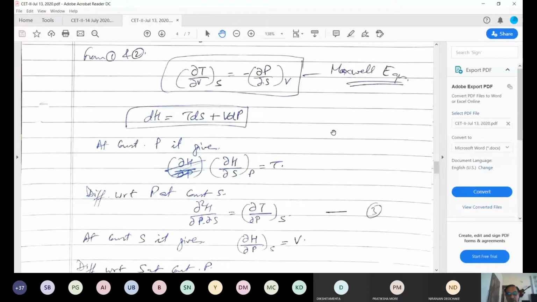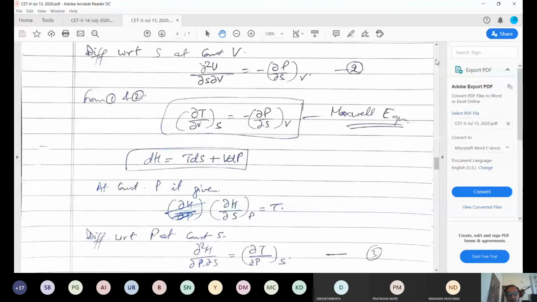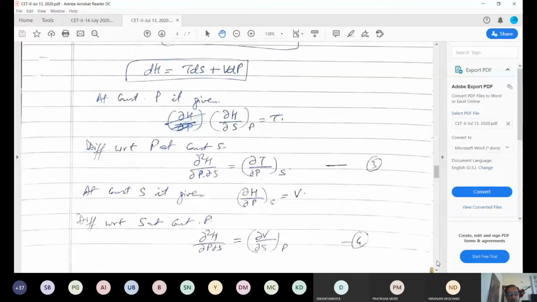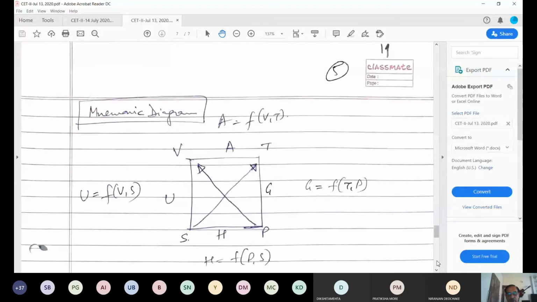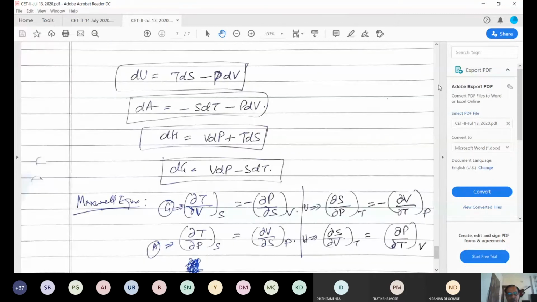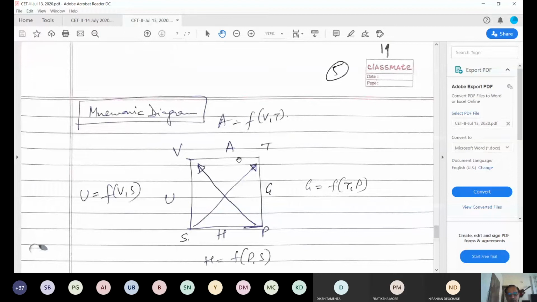The objective of all this is that we have what? Temperature, pressure, volume and entropy, right? So we have four variables. Entropy is something which we cannot measure.